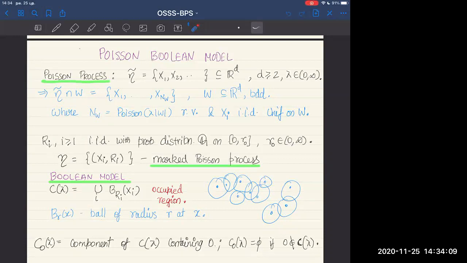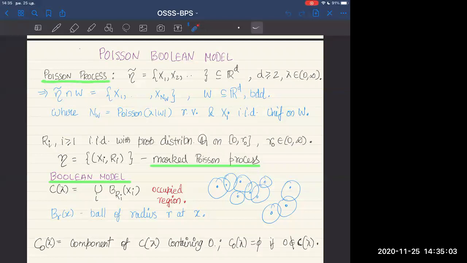The important property, if you have not seen a Poisson process: if you take any bounded subset W, the number of points is Poisson, where the parameter of the Poisson random variable is lambda times the volume of W. The points are uniformly distributed on W, IID, and the number is random.